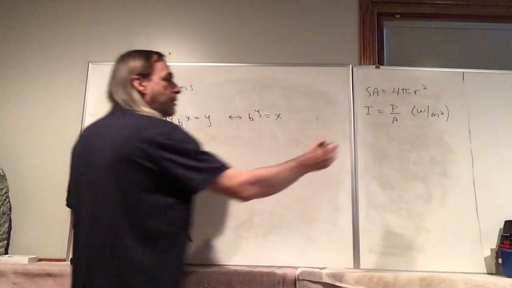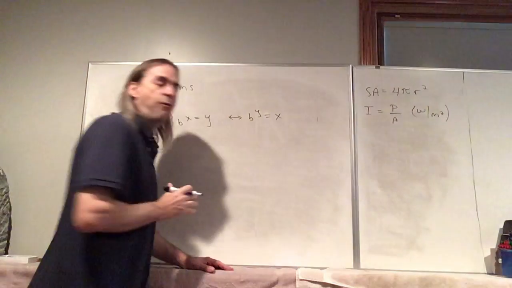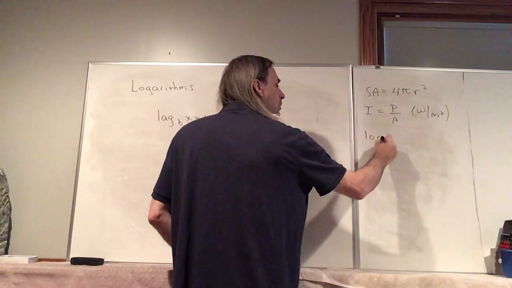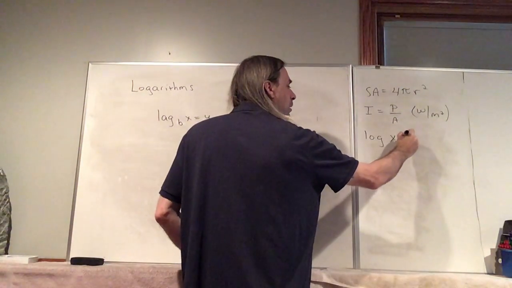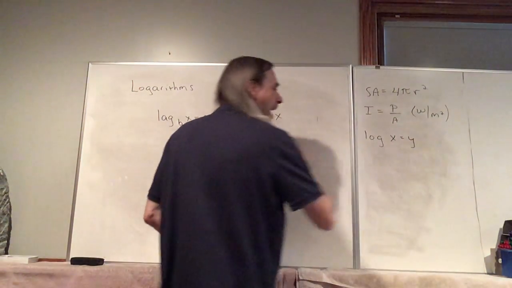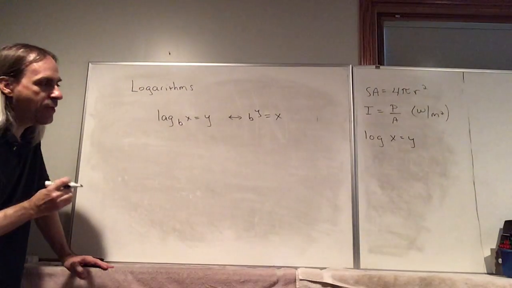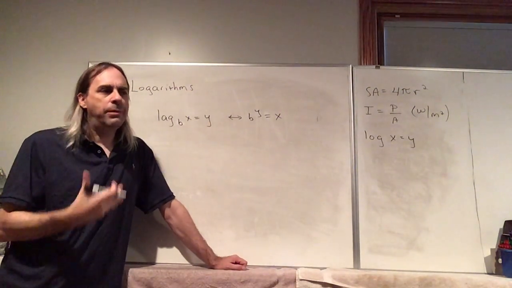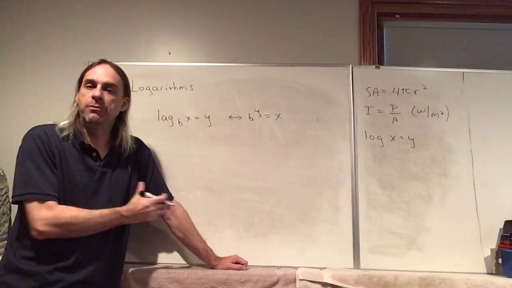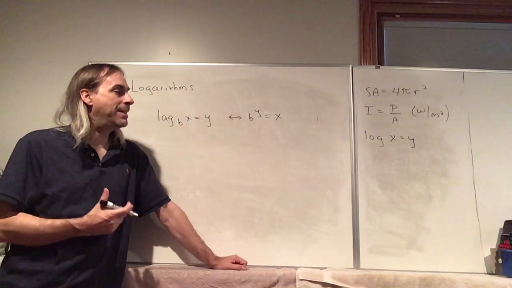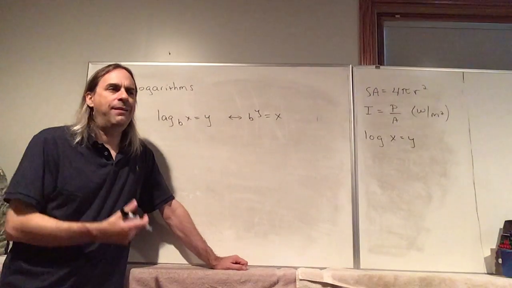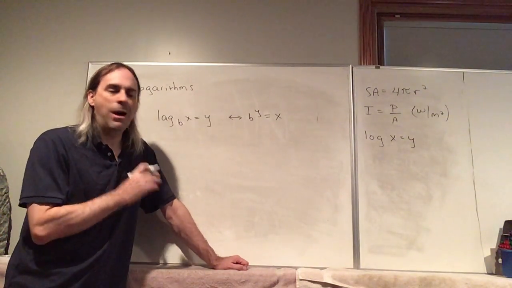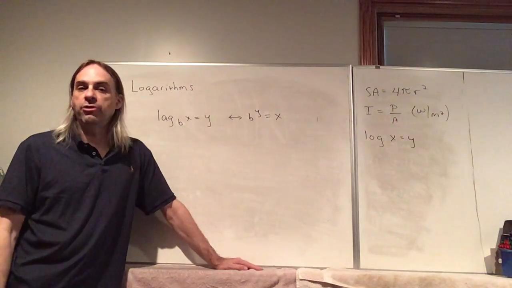So if we just see log x equals y, and the base is not given, the standard convention is that we assume it's base 10. Now, I say that's the standard convention, but a lot of people don't follow it.